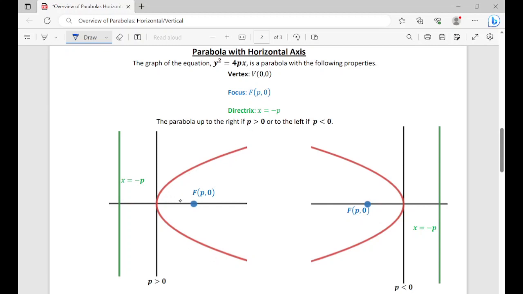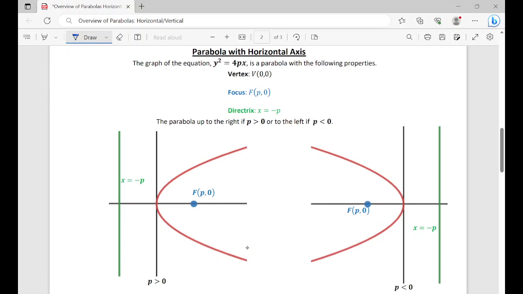So if it opens to the right, the directrix is going to be behind it on its left side. And if the parabola opens to the left, the directrix is going to be behind it on the right side, going up and down. The way you can tell whether it's opening to the left or the right is its p-value. The parabola will open to the right if p is greater than 0, and to the left if p is less than 0.